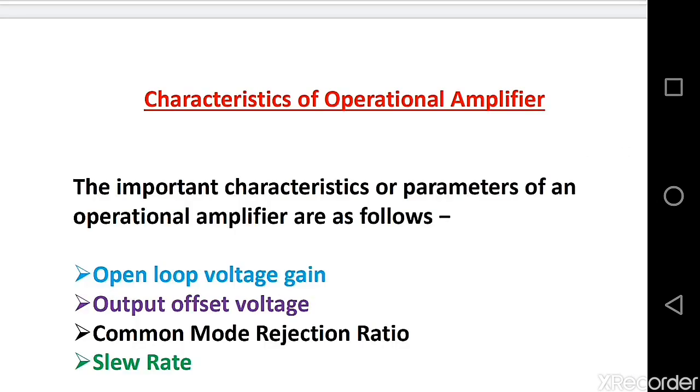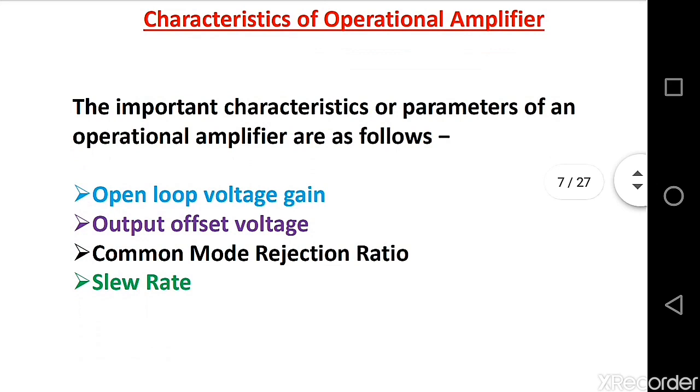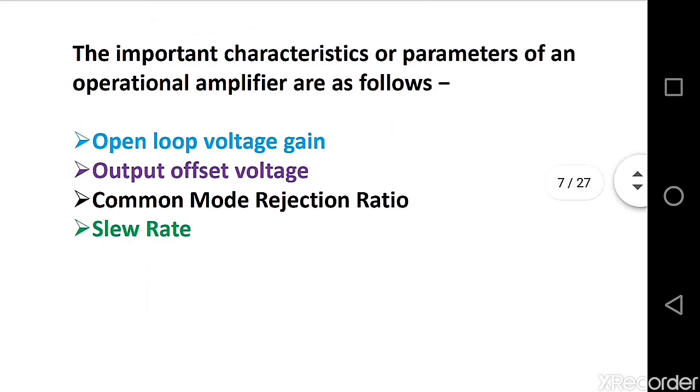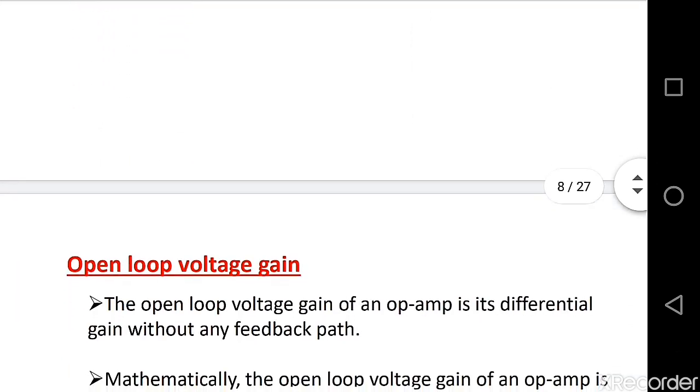Operational amplifier. The important characteristics or parameters of an operational amplifier are as follows. An operational amplifier has four characteristics: open loop voltage gain, output offset voltage, common mode rejection ratio, and slew rate. First we'll see open loop voltage gain.